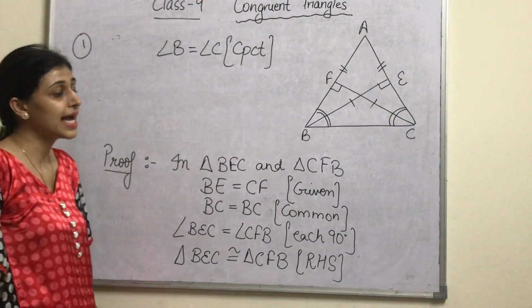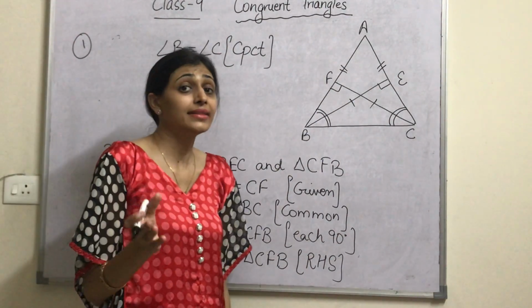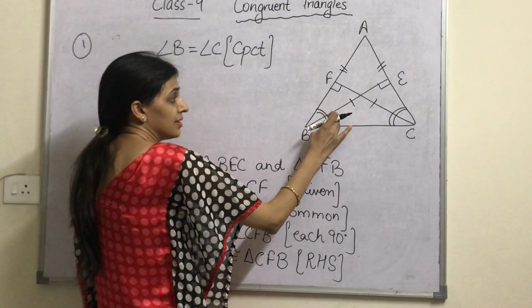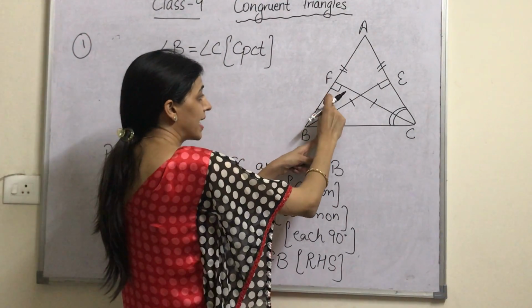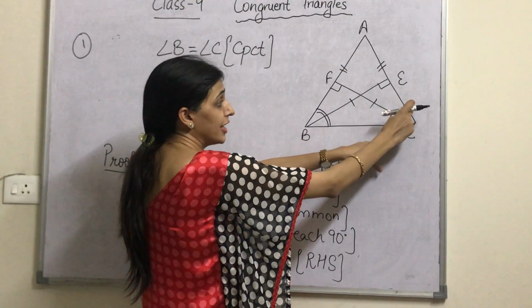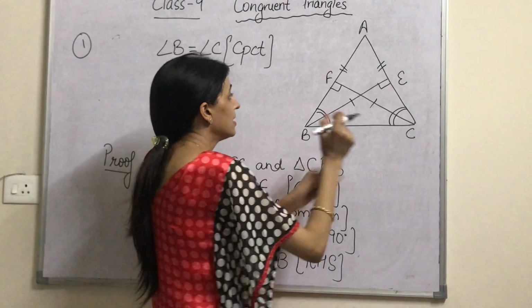Now, if both the angles are equal, then the sides opposite to them are also equal. What is the side opposite angle B? AB. Opposite side of angle C, AC.